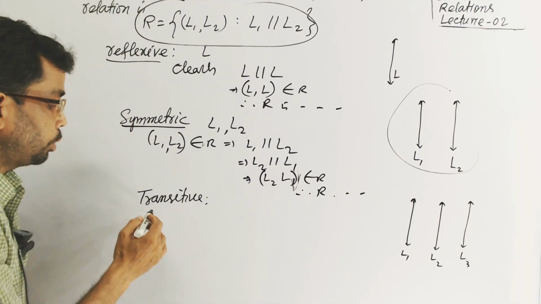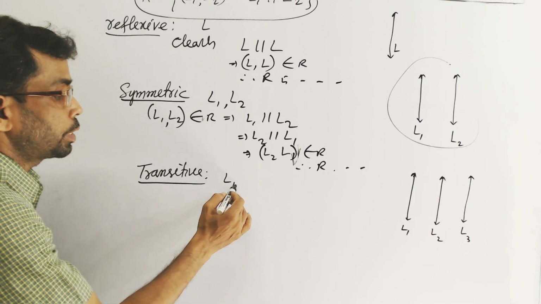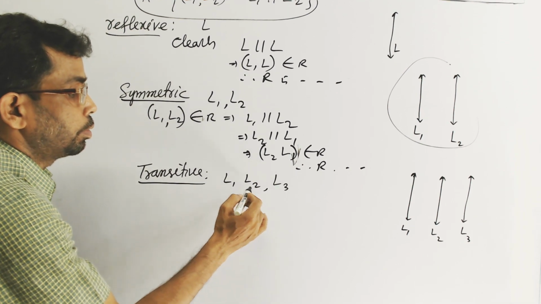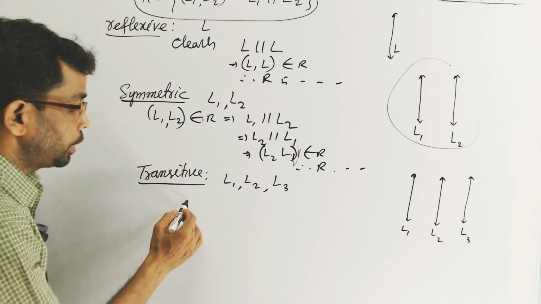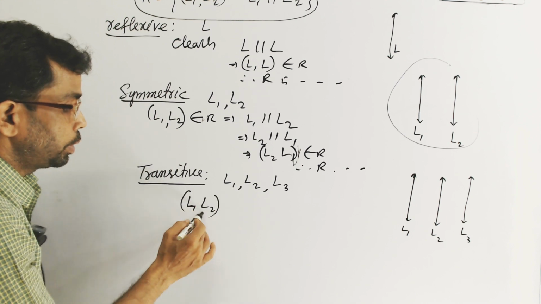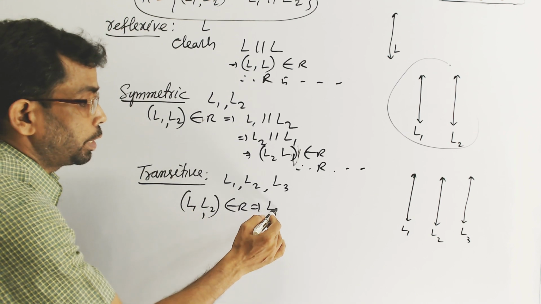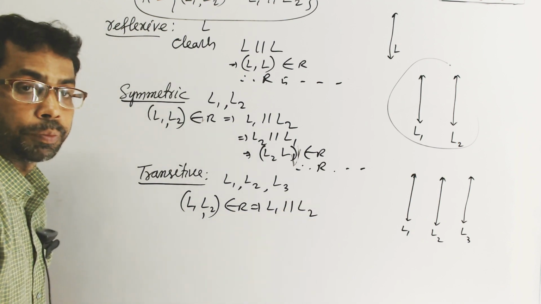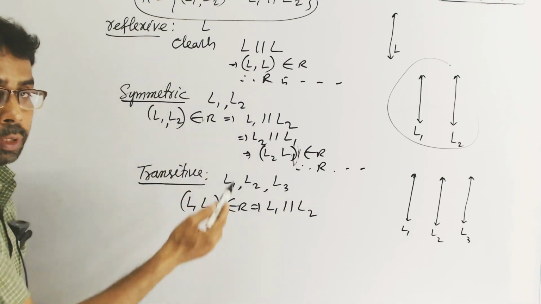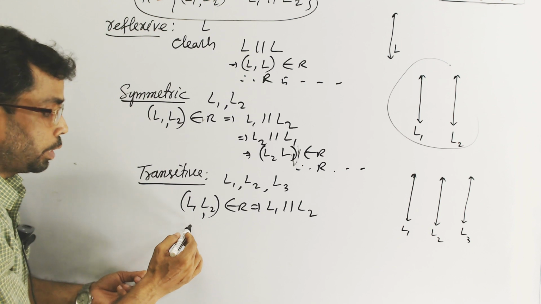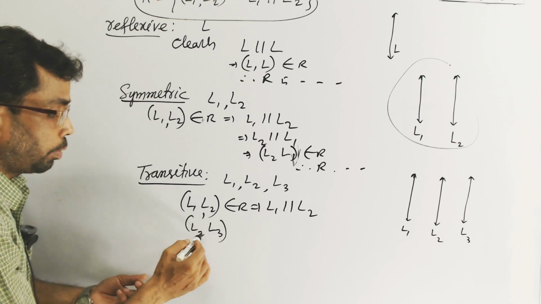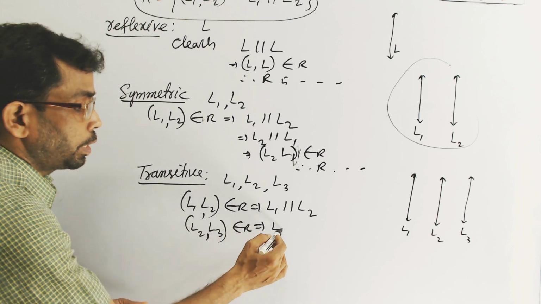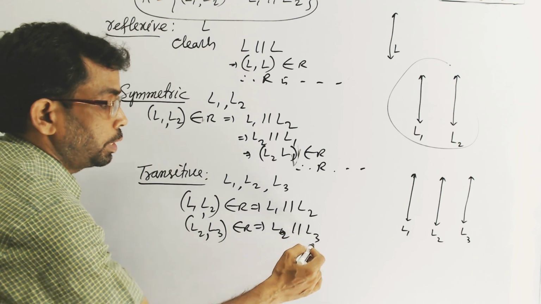And to show transitive, we will take three straight lines L1, L2 and L3 on the plane. Then if the pair L1, L2 is in the relation, then L1 must be parallel to L2 by the given condition of the relation, and if L2, L3 is also in the relation, then L2 must be parallel to L3.